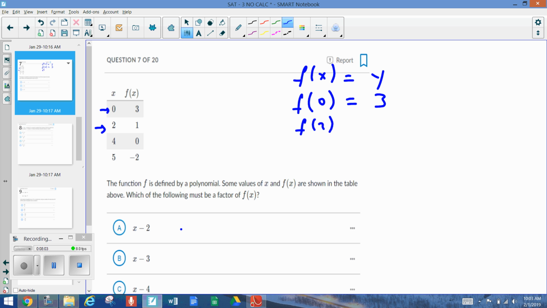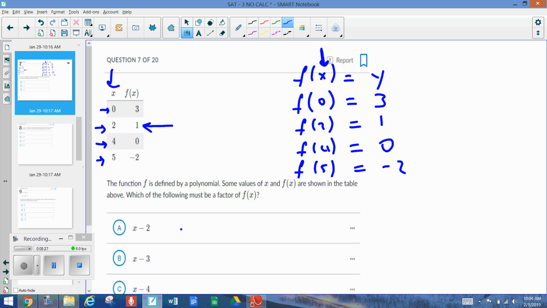F of 2 is equal to 1. And then x equals 4. I'm plugging x's over here. So f of 4 is equal to 0. F of 5 is equal to negative 2.